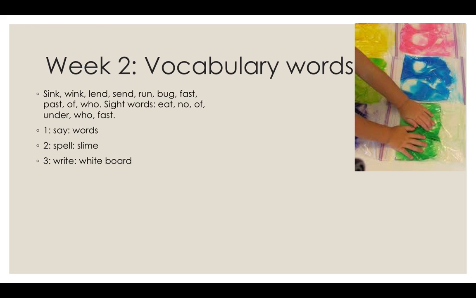What I would have her do was look at the word and say the word, and then I would have her spell it with slime that was in a bag, which was really just hair gel and food coloring. She really seemed to enjoy that. She absolutely loved it. The third step was writing it on the whiteboard. She asked at one point if she could just write it in the slime, and we eventually took away the whiteboard.